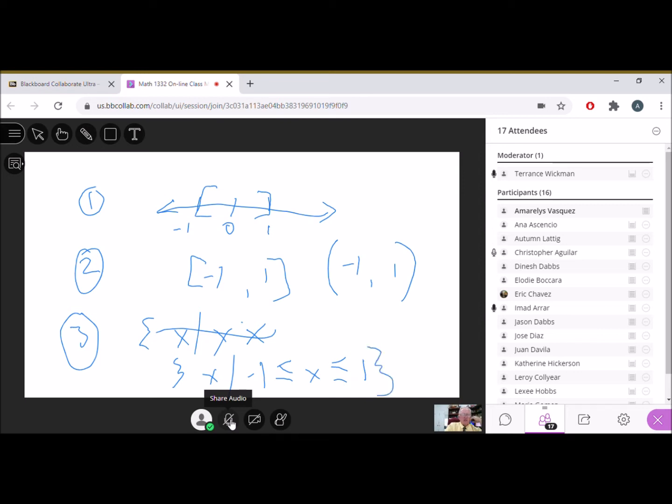This says all x such that x is greater than or equal to -1 and less than or equal to 1. So these are your 3 methods.